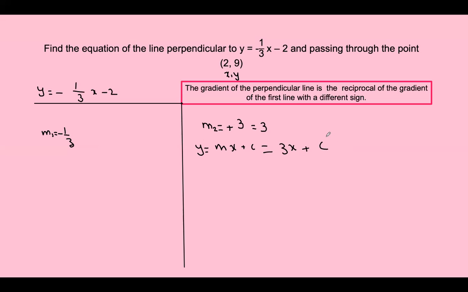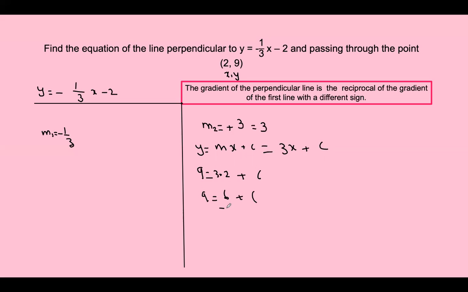Now, how can we find the c? We have the coordinates of the point, 2 and 9, so this is what we substitute. So y is 9, 9 equals 3 times 2 plus c. So 3 times 2 is 6, 9 equals 6 plus c.